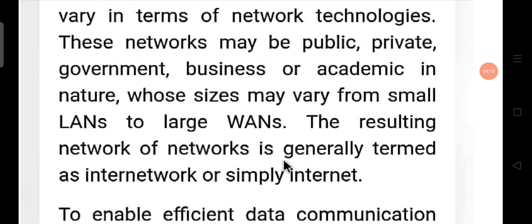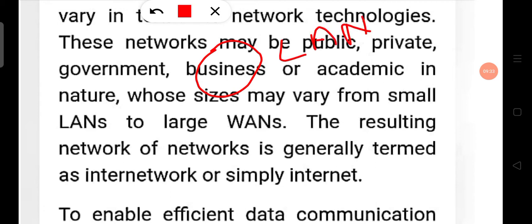So the resulting network of networks is generally termed an internet. Let's understand it by using an example. Let's say your college has a LAN, local area network, and your village also has a local area network.